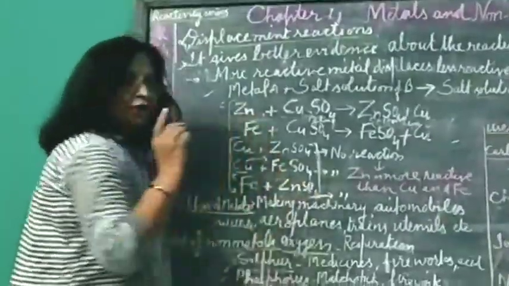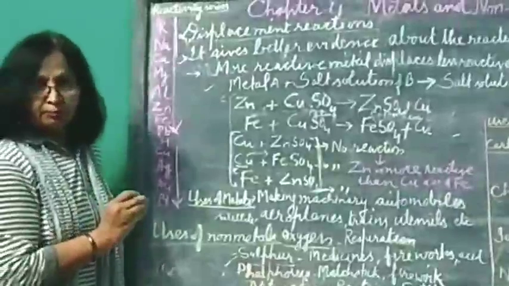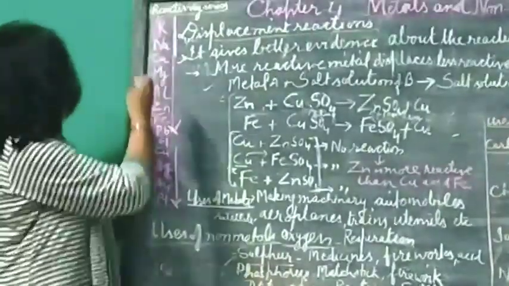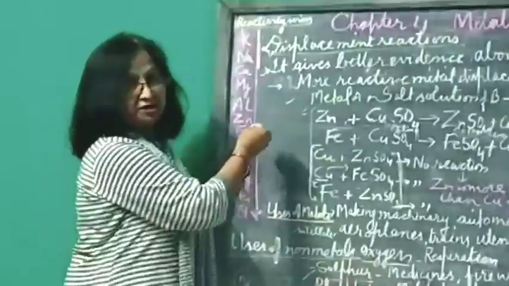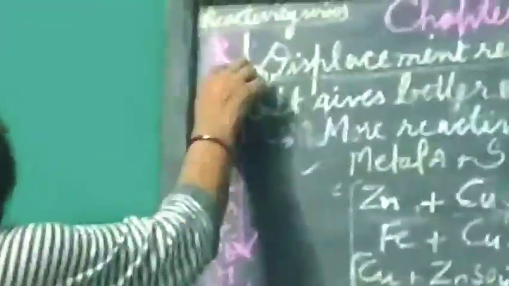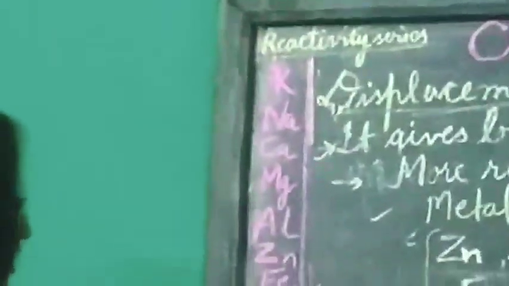Again, you have to go through the previous video lecture about the reactivity series. I have written it again today. The reactivity series is potassium, sodium, calcium, magnesium, aluminum, zinc, iron, Pb, H, copper, Ag, Au, platinum.